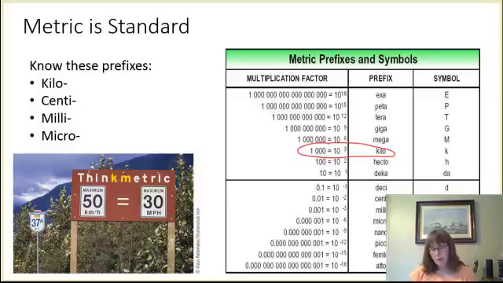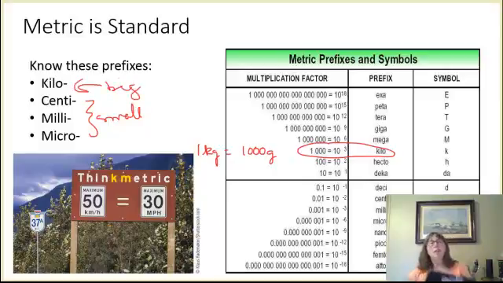If you have a kilogram instead of a regular gram, you have 1,000 grams is equal to 1 kilogram. That's how that works. Let's look at the next one. The next three actually are all smaller.